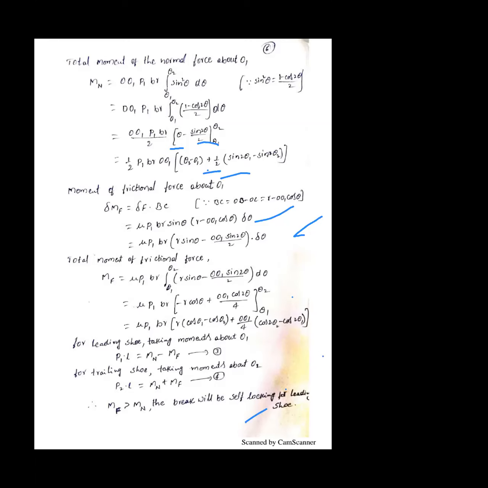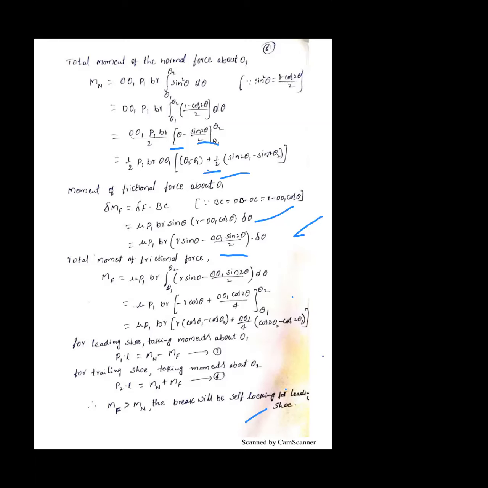Why? Because 2 sin theta cos theta means sin 2 theta, that formula is there. This is the moment of frictional force about O1.